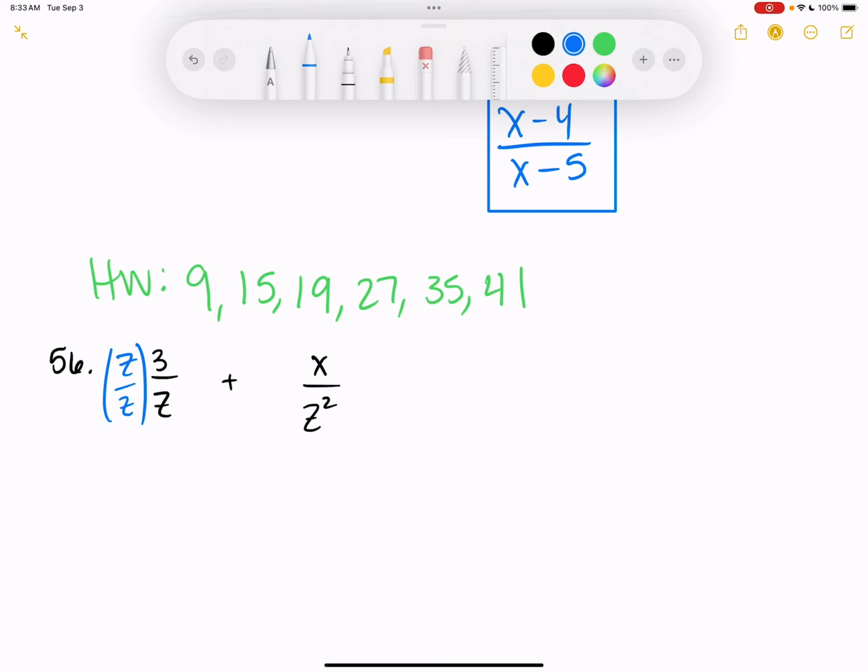So this will end up giving me 3z over, or well, here, I'm going to do it this way, over z squared plus x, so that way I can just go ahead and combine the top. And actually, ultimately, that's all I can do because I can't combine this up on top because they don't have the same variable. So that one actually was relatively chill.